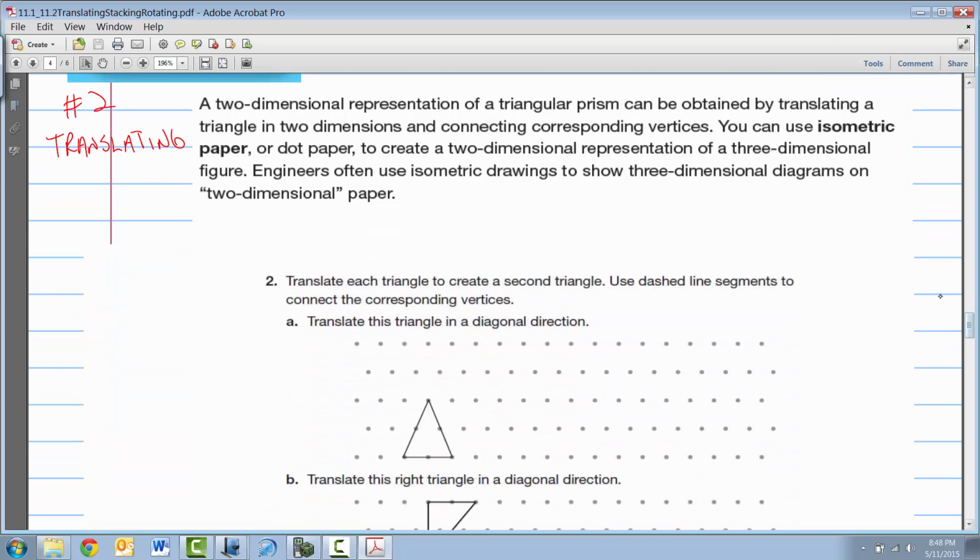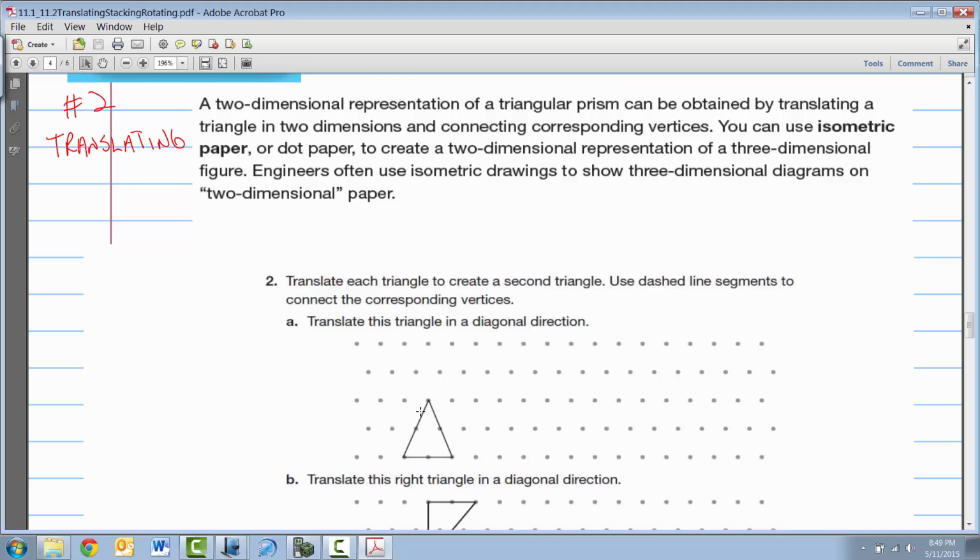Another thing you could do is translate. All I had you do in class, if you remember, is take a triangle that is equal and put it anywhere on this isometric paper. Unfortunately, I'm in a program that I can't write on, but 3 dots, 3 dots, 3 dots. I go here, 3 dots, 3 dots, 3 dots, and then I connect those two triangles.